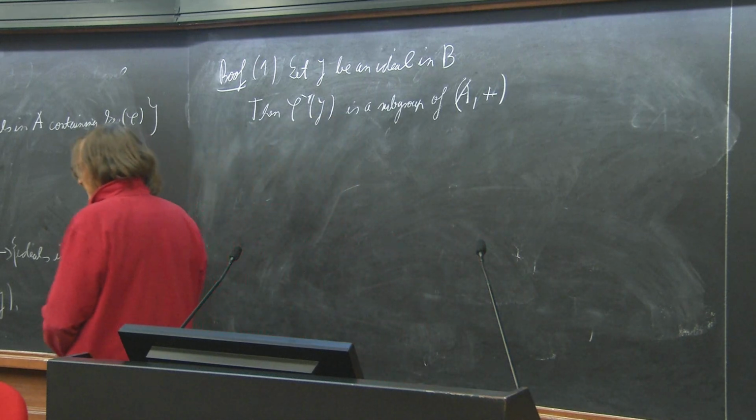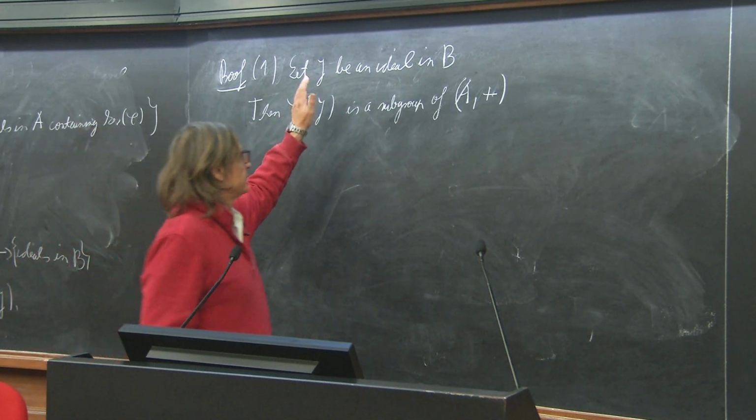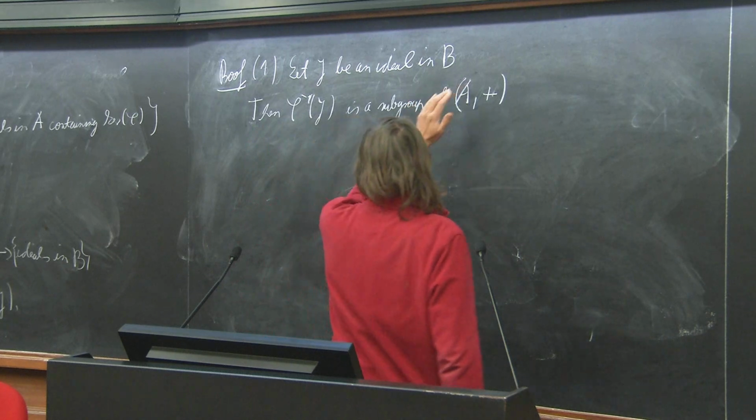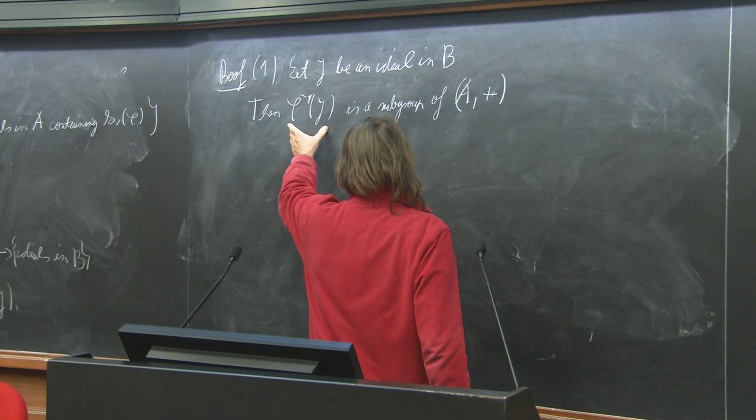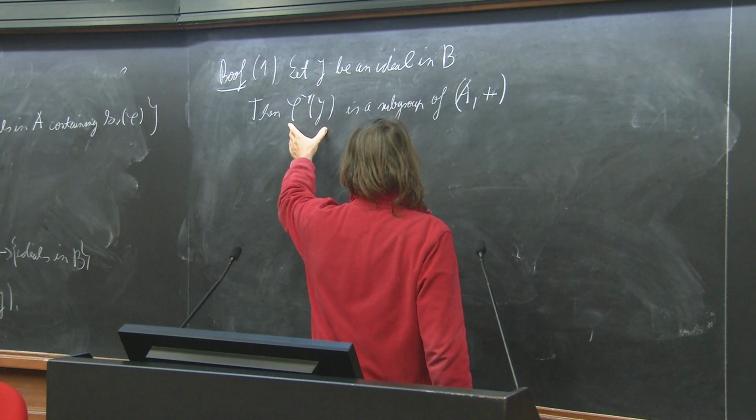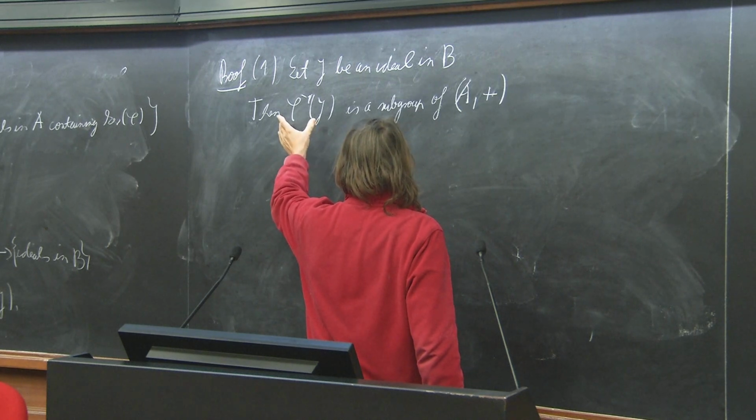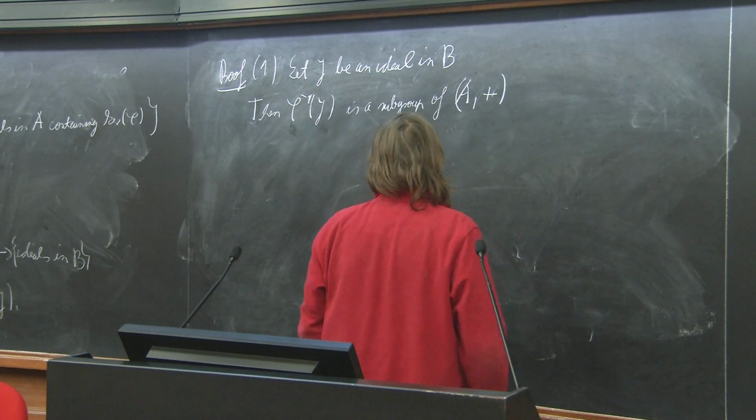We know that an ideal is a subgroup of B with the addition. So phi is in particular a homomorphism for the group with addition, and so this is clear.